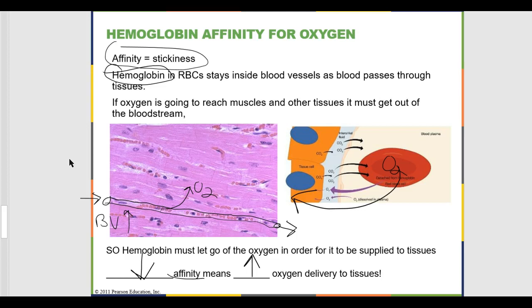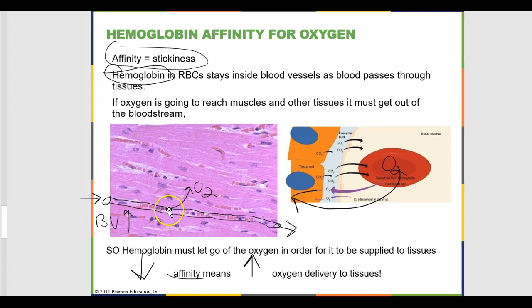You want lots of oxygen in that tissue, so you're thinking the affinity should be high. But the problem is the affinity is keeping the oxygen in the bloodstream and not delivering it to the tissues. So it's kind of exactly opposite how it sounds.